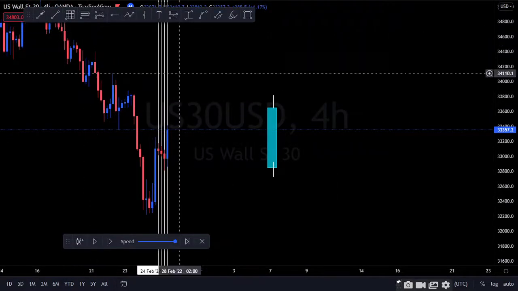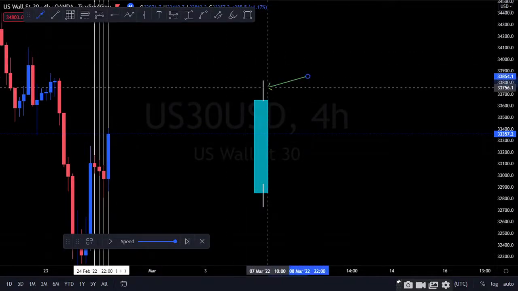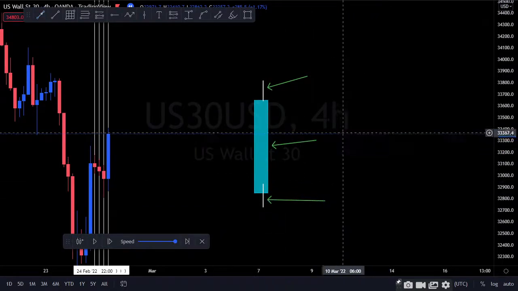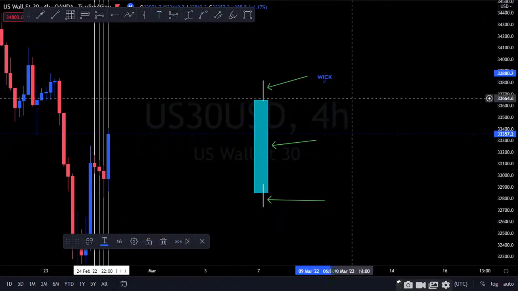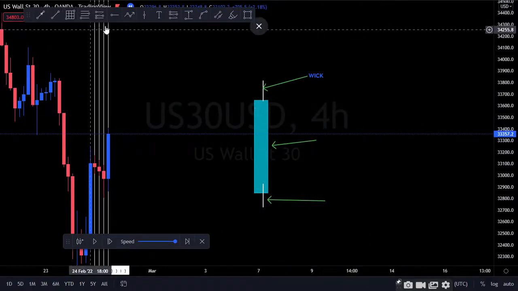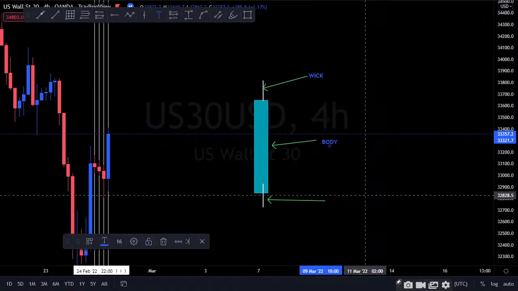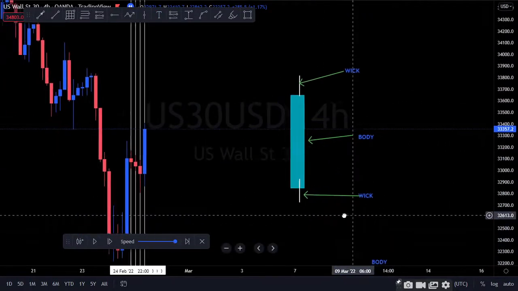So this is a candlestick. I hope most of you know this already, but I want to use it to do something. This is called a wick. The tiny lines are the wick. This is what we call the body of the candle. Good. So another wick is here. We have another wick over here.